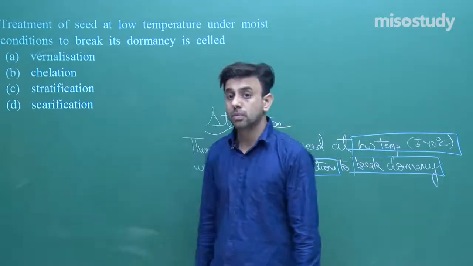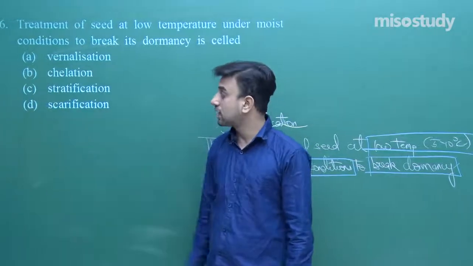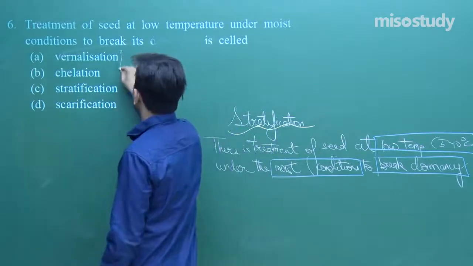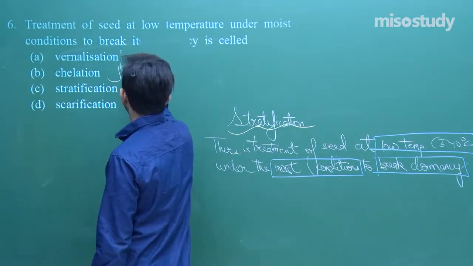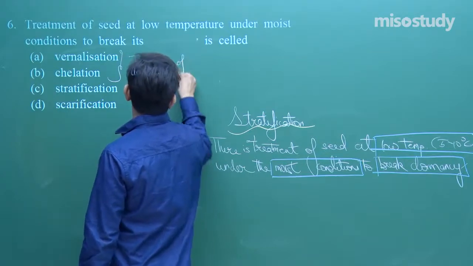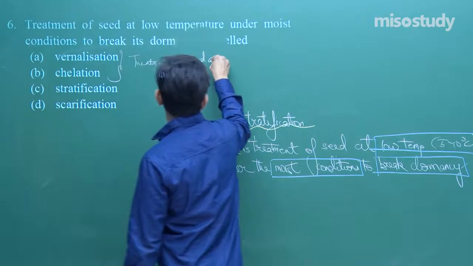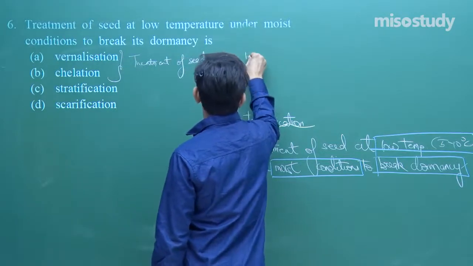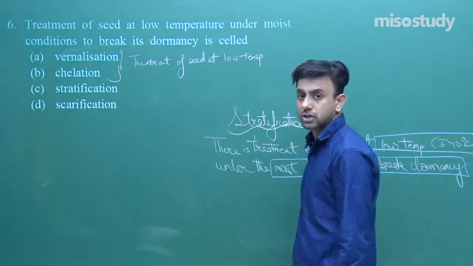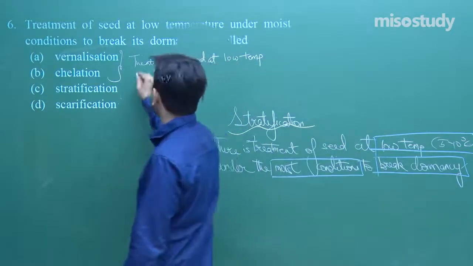But when we talk about vernalization and chelation, these are treatments at chill conditions, treatment of seed at low temperature to induce flowering.